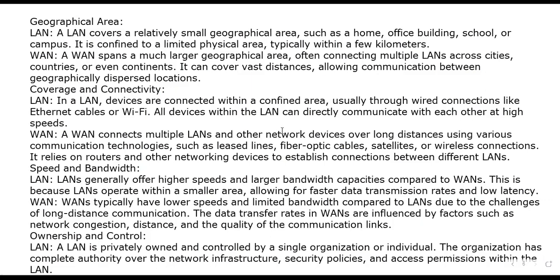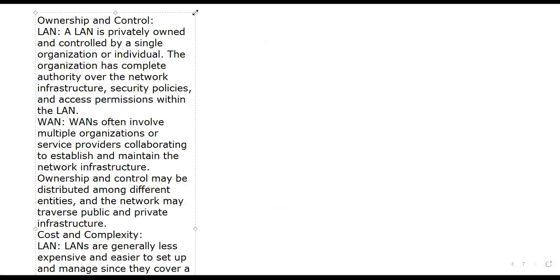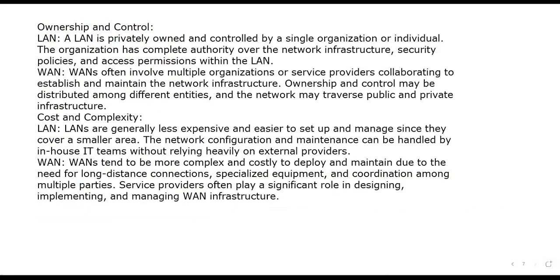When we're dealing with ownership and control and the cost complexities, what is the cost implication between the two? Number one, ownership. A LAN is privately owned by a single organization, whereas a WAN may be owned by multiple organizations, collaborating to maintain the infrastructure because it is costly.